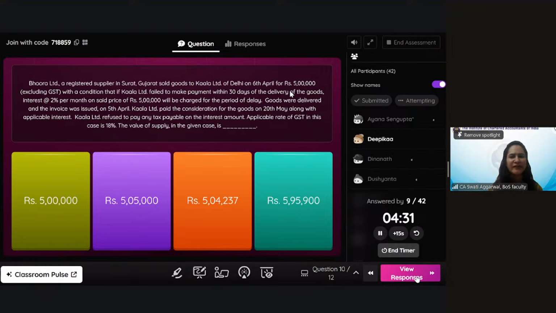Goods were delivered and the invoice was issued on 5th April. Kala Limited paid the consideration for the goods on 20th May along with applicable interest. Kala Limited refused to pay any tax payable on the interest amount. Applicable rate of GST in this case is 18%. Value of supply in this case is option A 5 lakh, B 5 lakh 5,000, C 5 lakh 4,037, D 5,95,000. This is the question where we get a lot of doubts and queries.